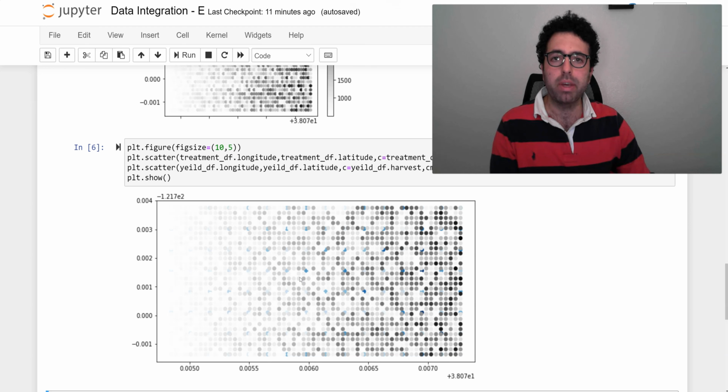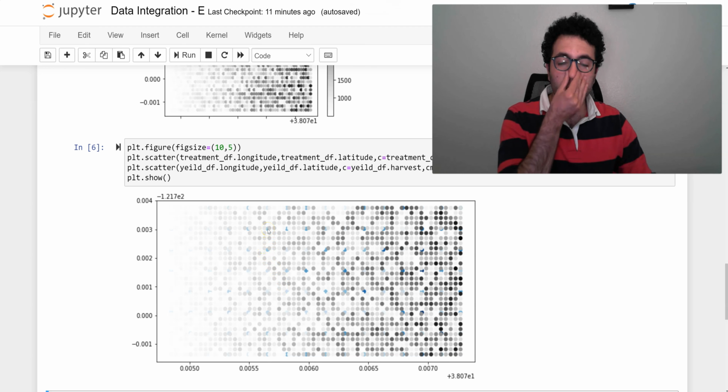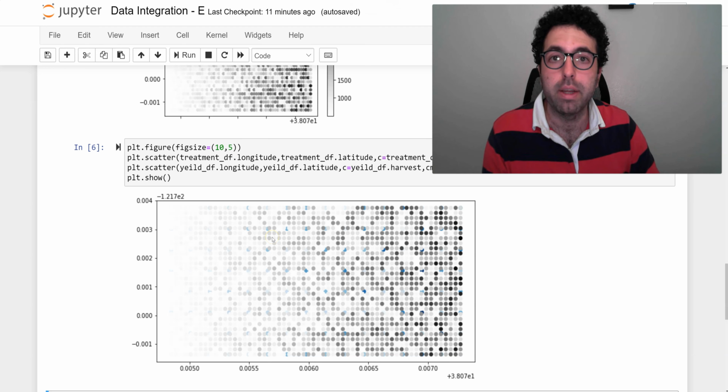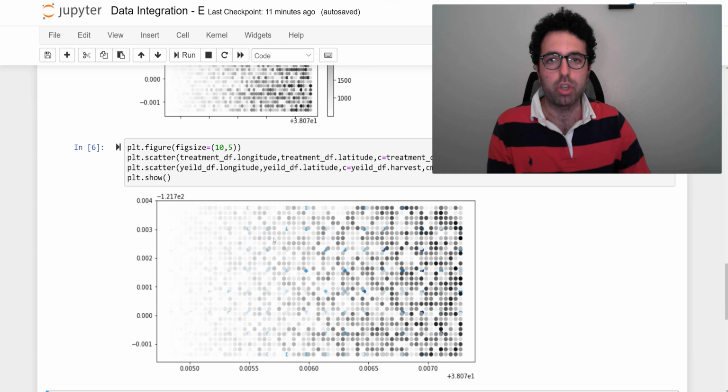The problem is, for each of these water data points, or treatment data points, there is more than one yield data point. We don't really know the relationship between them. One of these yield data points could belong to other water data points. So that relationship is very difficult to assume here, and there is none. So for us to deal with this situation, we have to come up with some assumptions.